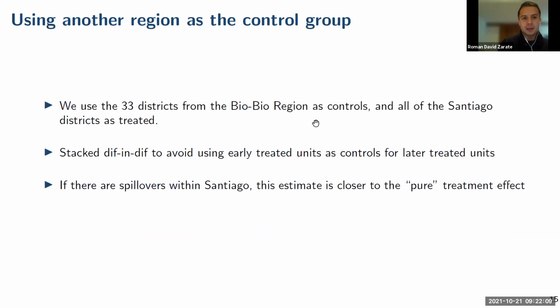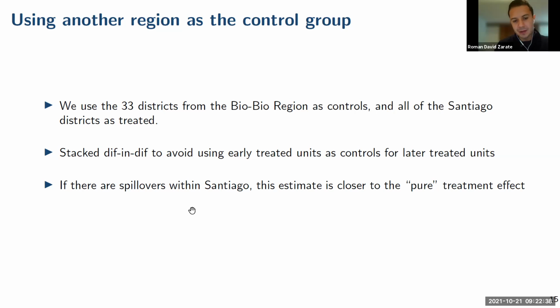Now, we also use another region as the control group. There is this region in Chile called the Bio-Bio region that didn't experience the subway network expansion. So we're going to use this Bio-Bio region as the control group, and we're going to stack this difference in difference to avoid early treated units being controls for later treated units, given all this new literature on difference in difference specifications.